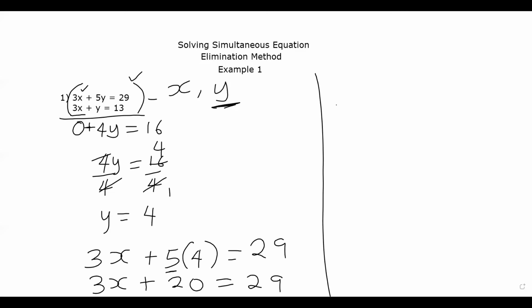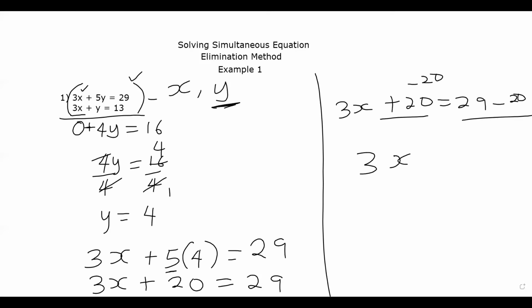Now we have 3x plus 20 equals 29. If we subtract 20 on both sides, here we'll get 0, here we'll get 9. So we'll have 3x equals 9.